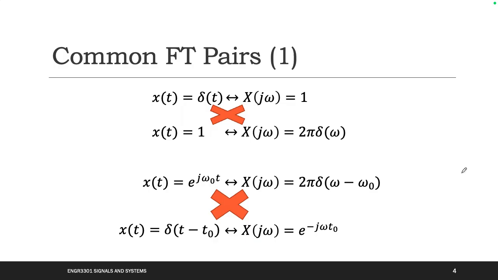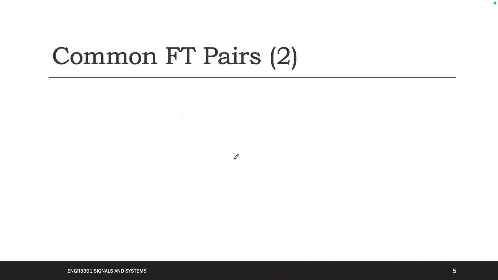If you want to remember it, you can remember it like this, but it's unnecessary. You can put it in your cheat sheet, because when you solve real problems, you can always find these things online very easily. Okay, and if your signal is cosine omega naught t, what's your FT? Do you remember?